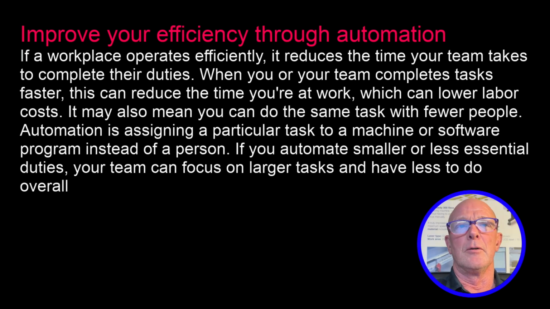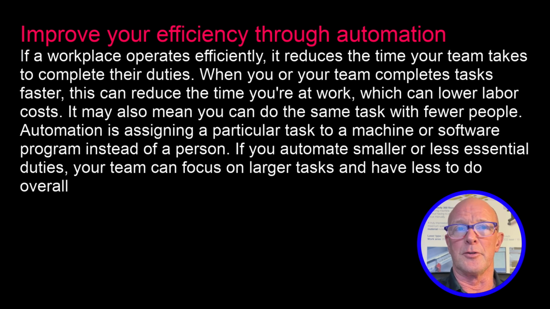Let's take a look at how efficiency is improved in the workplace through automation. If a workplace operates efficiently, it reduces the time your team takes to complete their duties. When you or your team completes tasks faster, this can reduce the time you're at work, which naturally lowers labor costs.